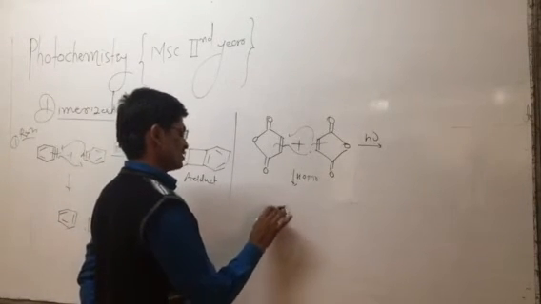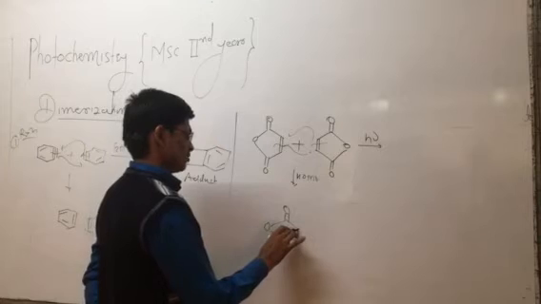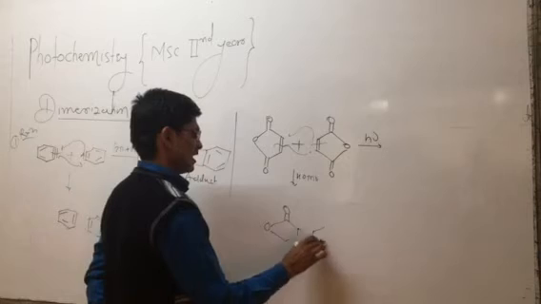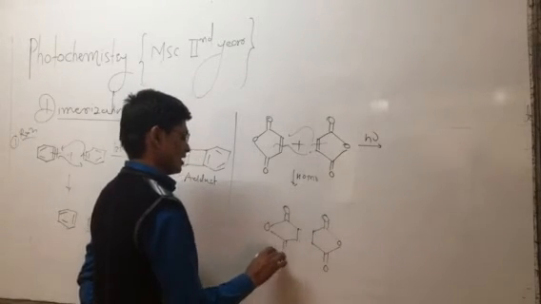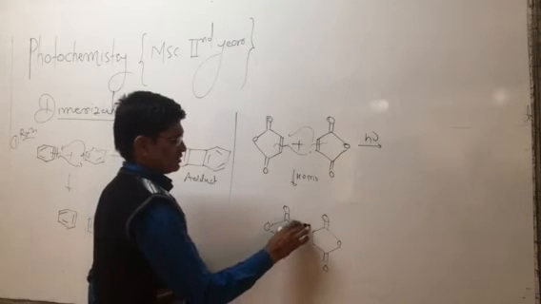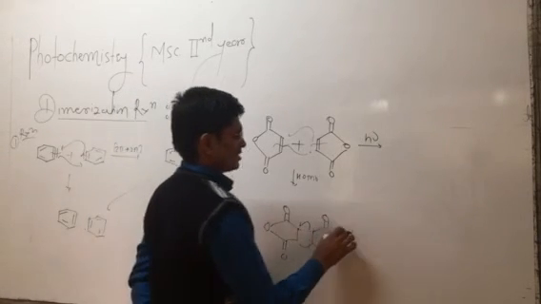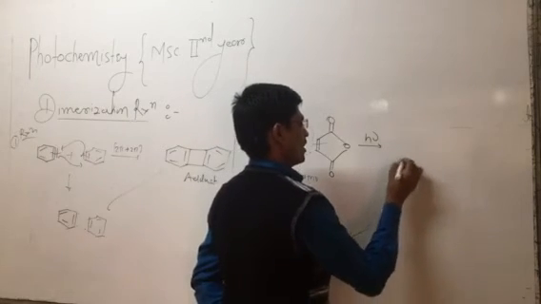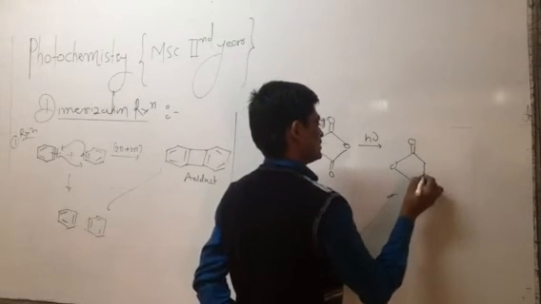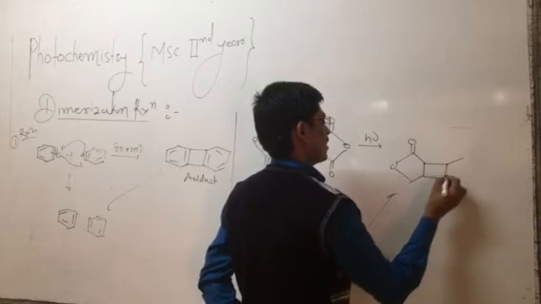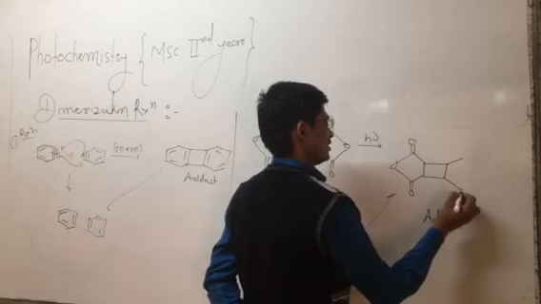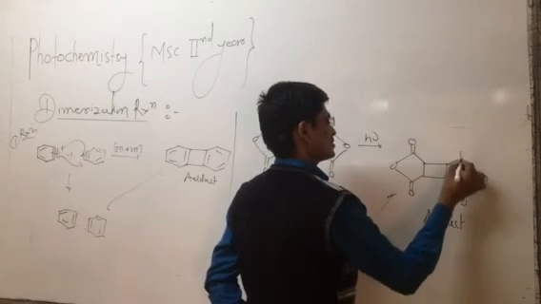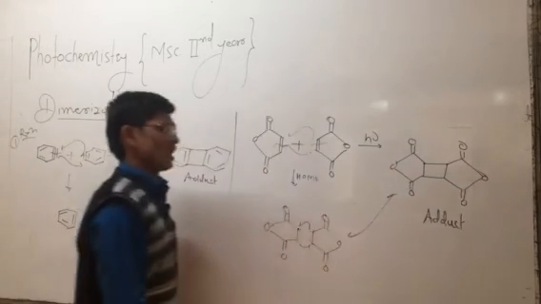C double bond O remains, and the two carbon atoms each contain a single electron, known as a radical species. These radicals combine, and a bond is formed between the carbon and carbon. There is formation of an adduct, a dimerized product, which is called dimerization of the reaction.